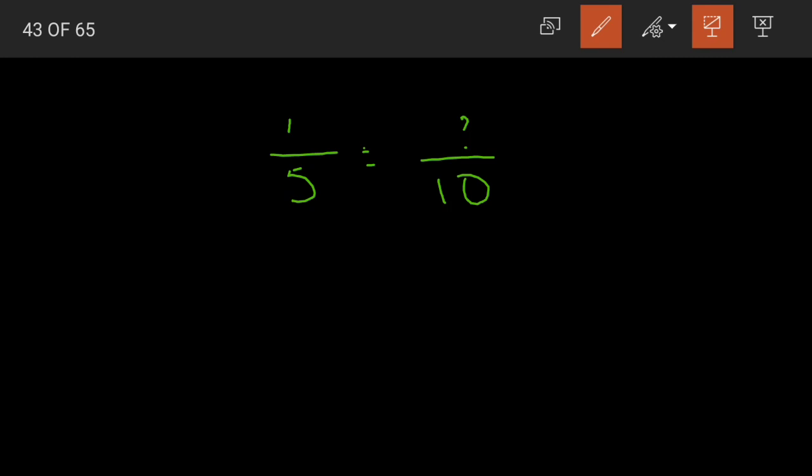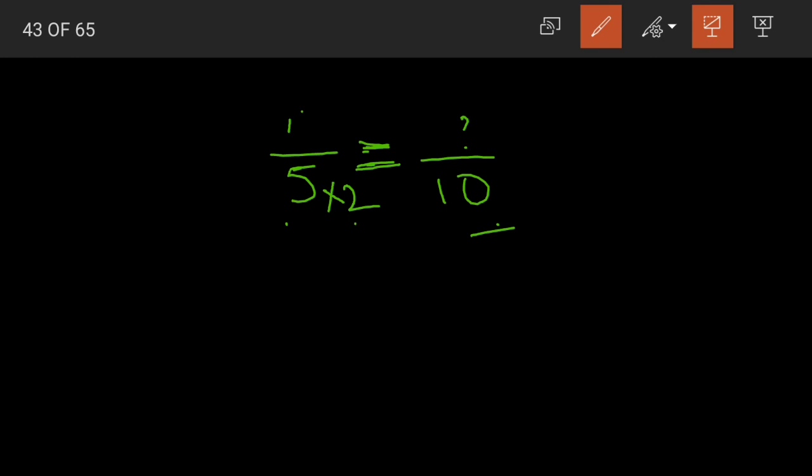We have to find out the equivalent fraction. In the denominator, we are already having 5 here. But in the answer, the denominator should be 10. How will we get 10, children? 5 into 2. Yes, when we multiply 5 by 2, we'll get 10.